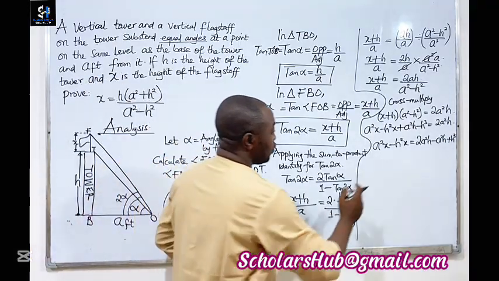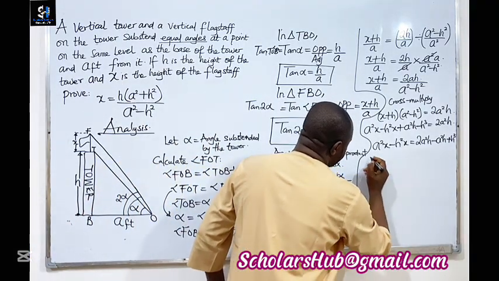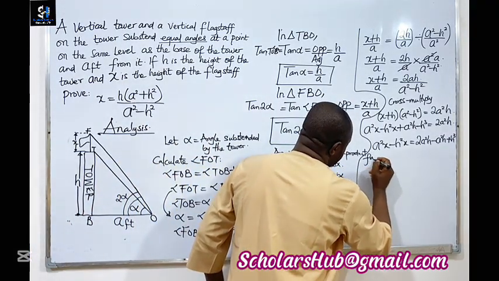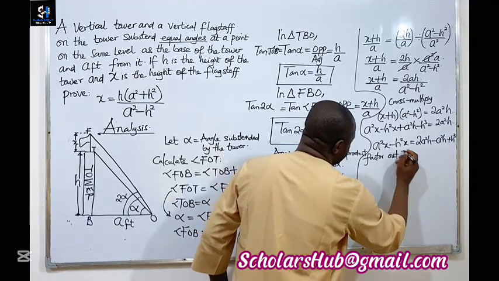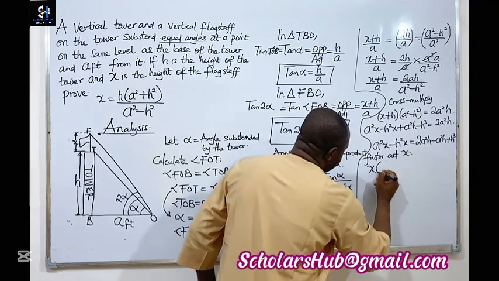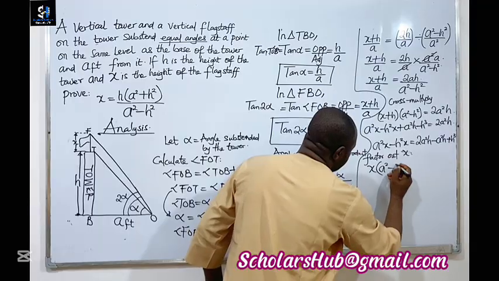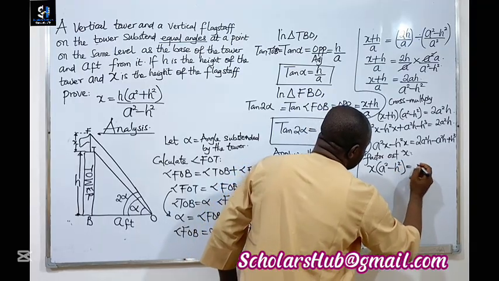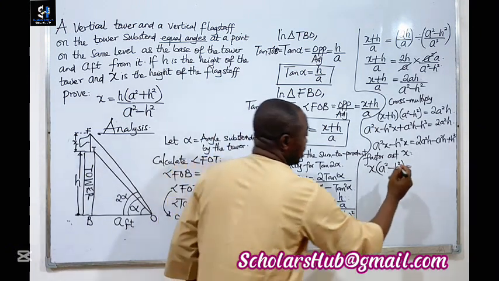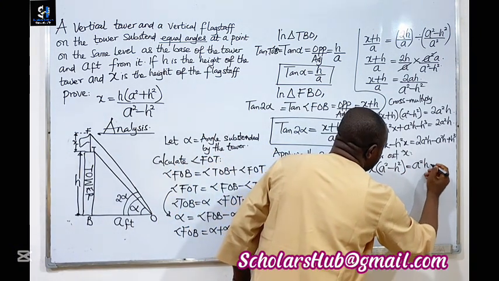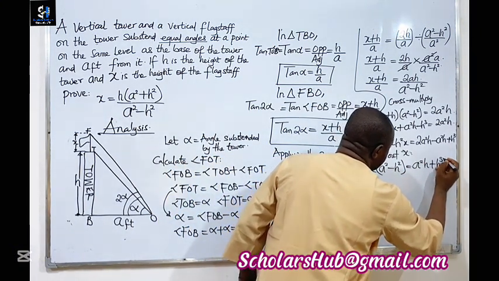All right, so here x is common, so let me factor out x. That means we have x into a squared plus h squared equals 2a squared h minus a squared h, that will be a squared h minus h cubed.